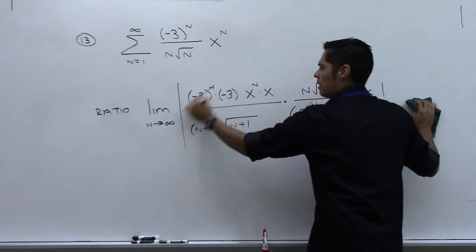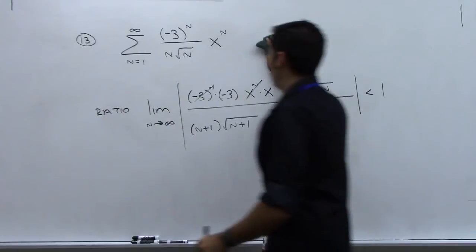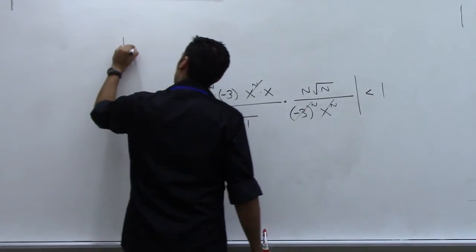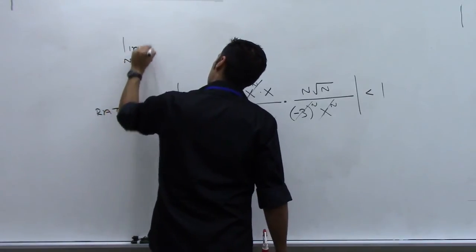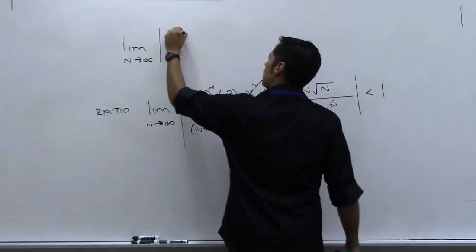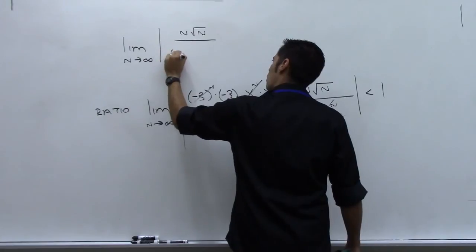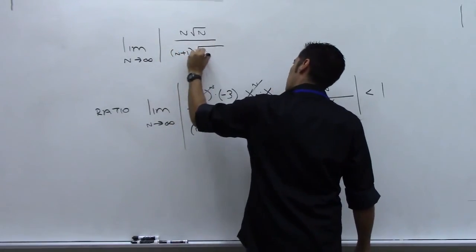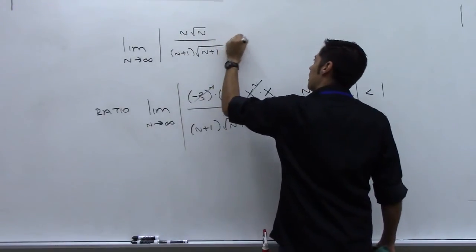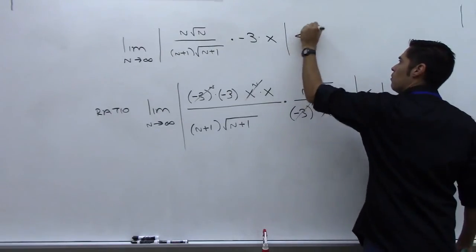So what I'm left with is the limit as n goes to infinity of my n stuff here, n root n over n plus 1 times root n plus 1. Now I also had a negative 3 up there. I'm going to just put that negative 3 right here, and then I'm going to put my x right there, and then less than 1.